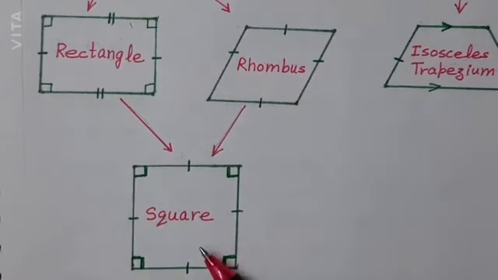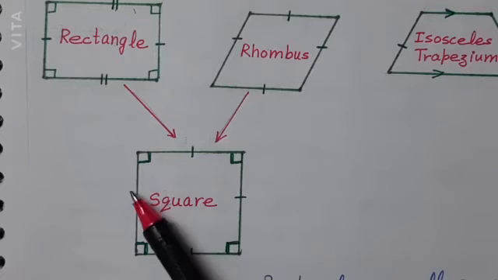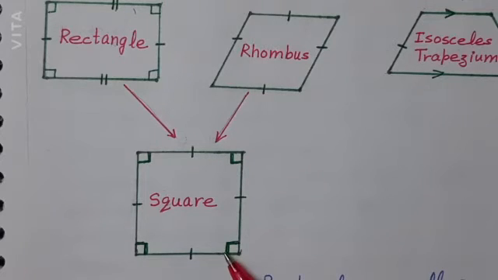Now, let us discuss the square. In a square, all sides are equal, all angles are 90 degrees, and both the diagonals are also equal and bisect each other at 90 degrees. I hope it is clear to everyone now.